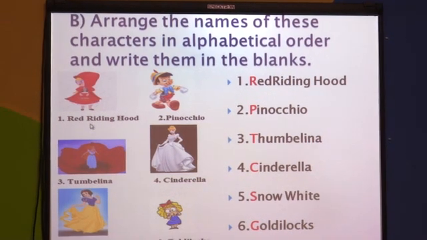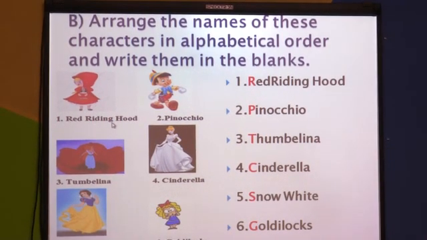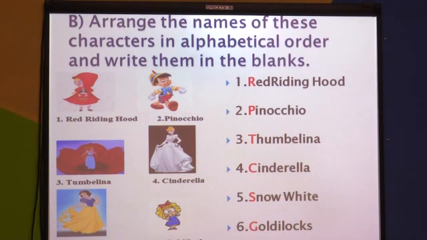We have to arrange these names in alphabetical order and write the answer in the blanks. What are the character names? Here, see: Red Riding Hood, Pinocchio, Thumbelina, Cinderella, Snow White and Goldilocks.